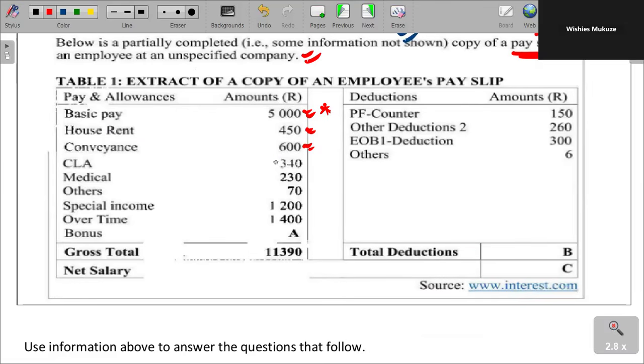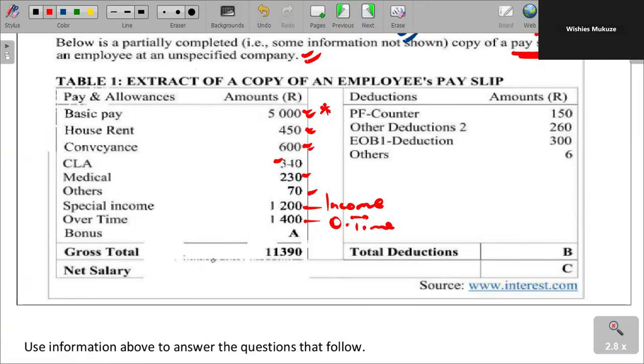We also have 350, and medical aid allowance, 230, others 70, and special income of 1,200. Overtime is also income of 1,400. And then we are not given the bonus amount, which is A.